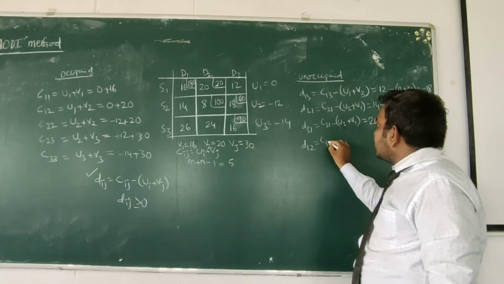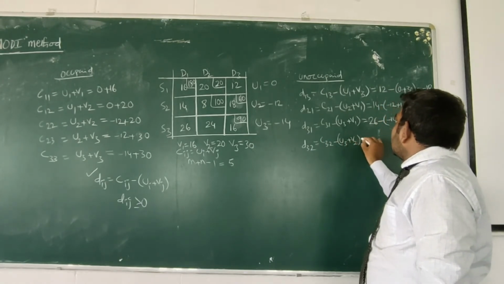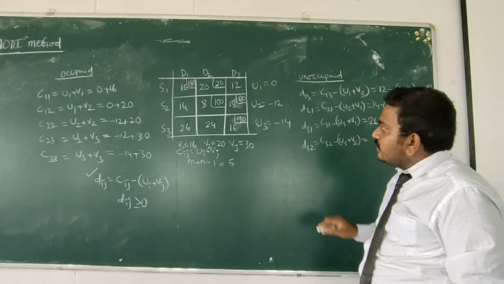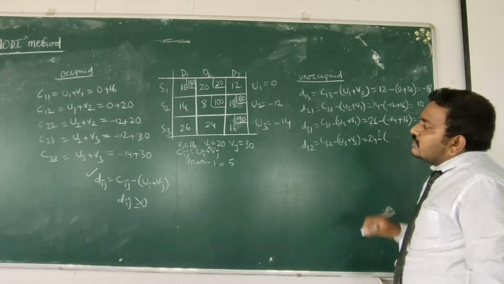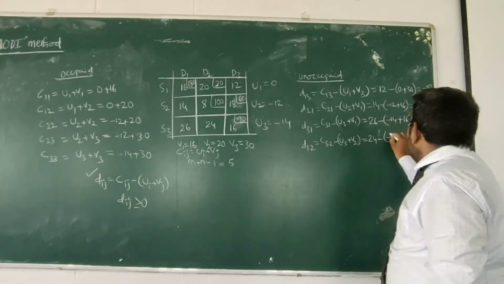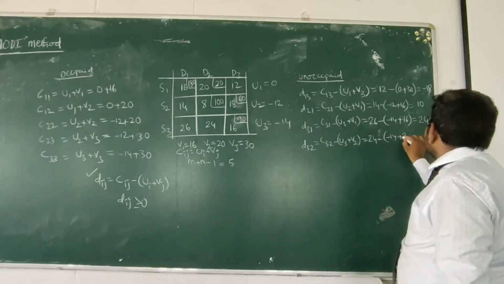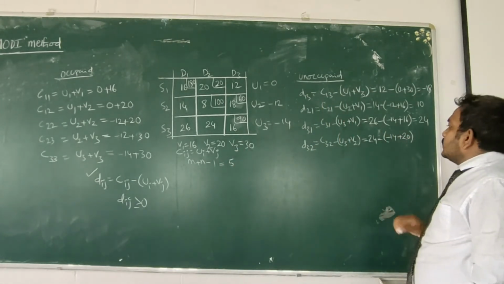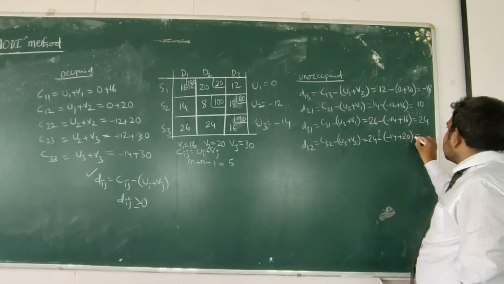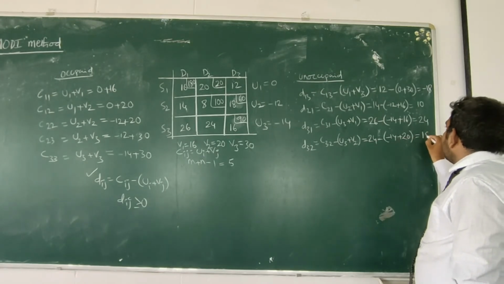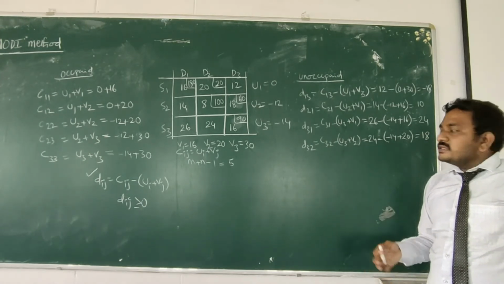The last one, C32 minus (U3 plus V2): the C32 value is 24 minus U3 value minus 14 plus V2 value 20. That is 6, 24 minus 6, that equals 18.